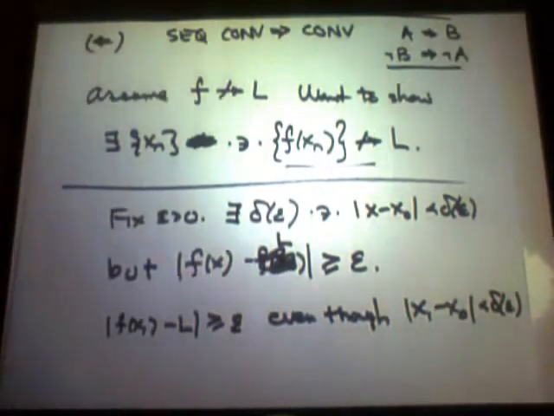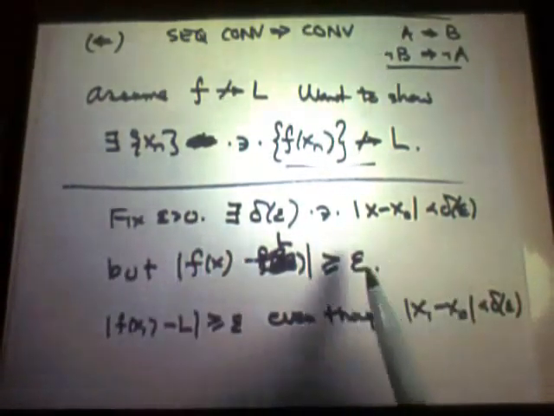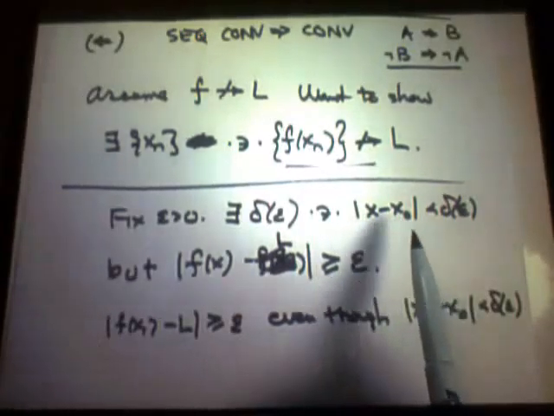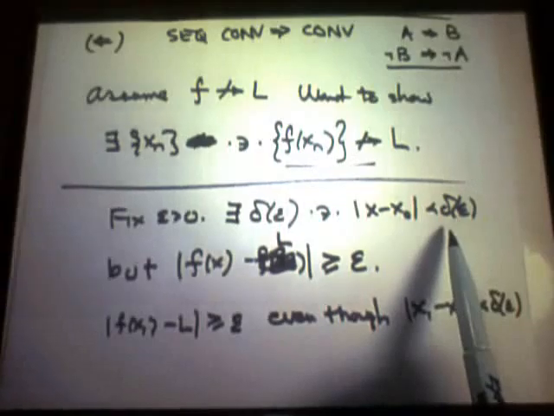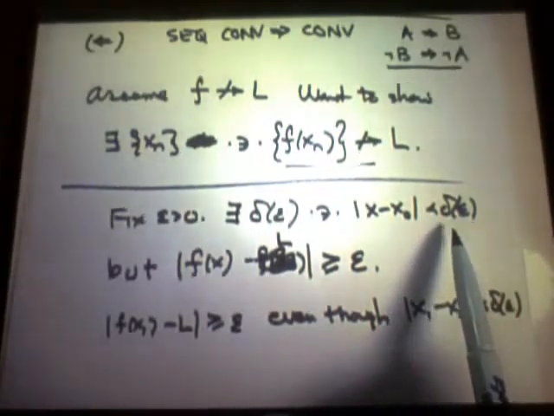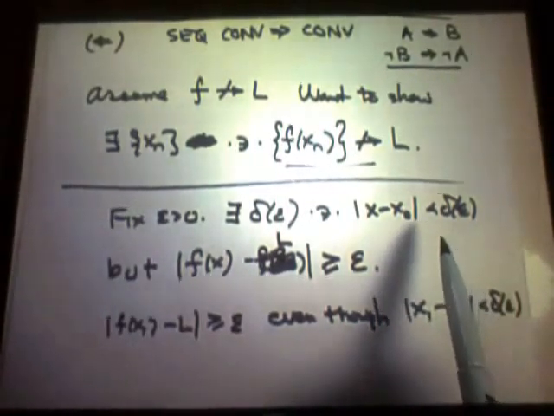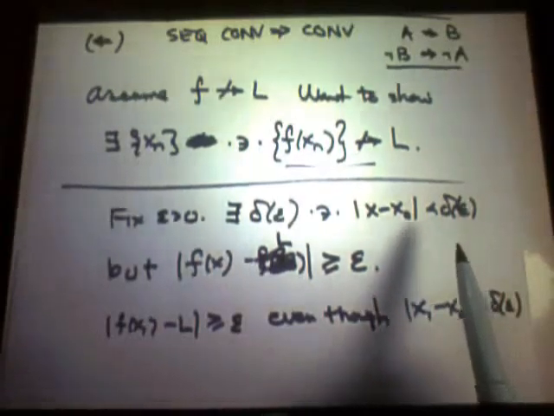I can do that. I have x1, picked from the uncountably many points in the interval from x naught minus delta to x naught plus delta. Put him on the shelf.